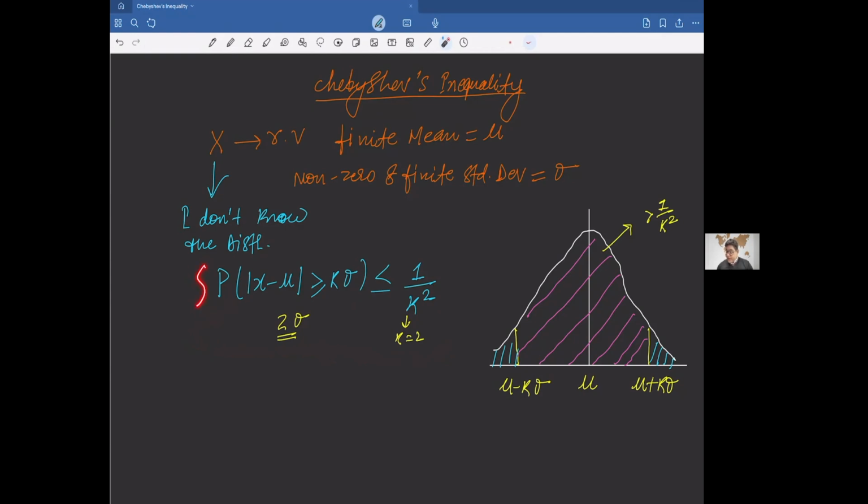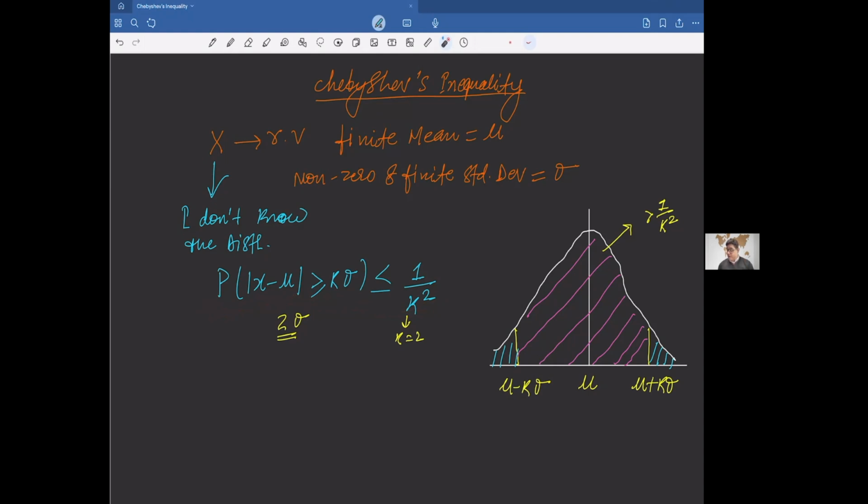So let's say I have plotted a Gaussian distribution here. So let me first write this Chebyshev's inequality in a simpler form. This is a bit difficult to understand, but you will find this in most of the textbooks and at most of the places on the internet. But I somehow do not like this. So let me simplify this to help you understand better.